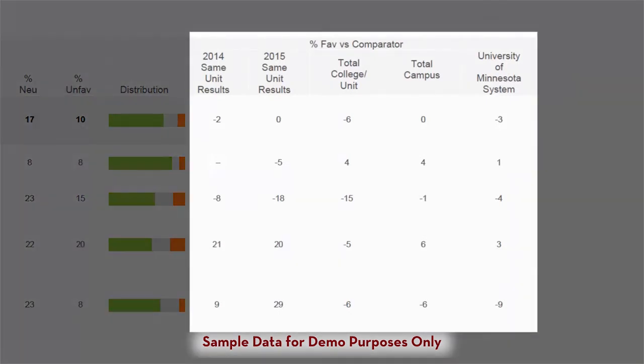The percent favorable difference shows how a particular metric, driver, or item compared to those from previous years. This will help you understand that when you see an item with a negative number, the results for that particular item are trending lower. A positive number indicates a higher trend, and a 0 indicates that the result is the same. A dash in the trend column indicates that trend information is not available.